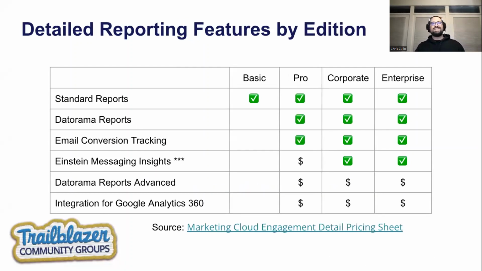So a little bit more detailed version of the reporting capabilities, again, by edition. Drilling down a level deeper, we have the standard reports, which are available across every edition. There's the Datorama reports, aka intelligence reports. So you're going to see probably interchangeably intelligence and Datorama.